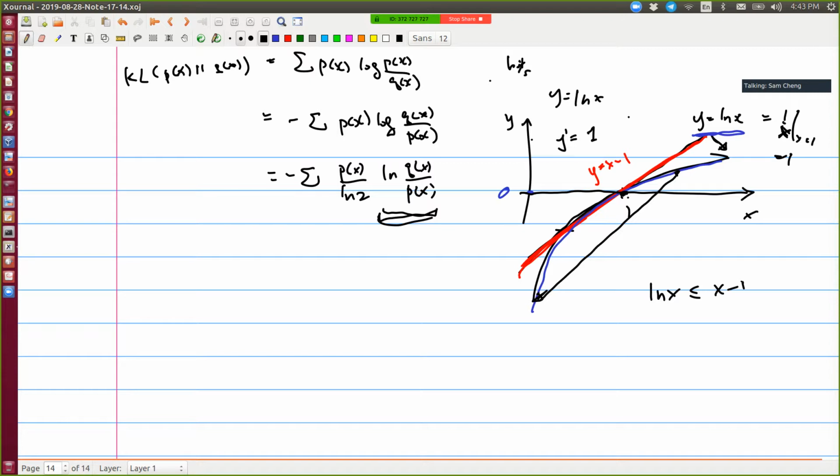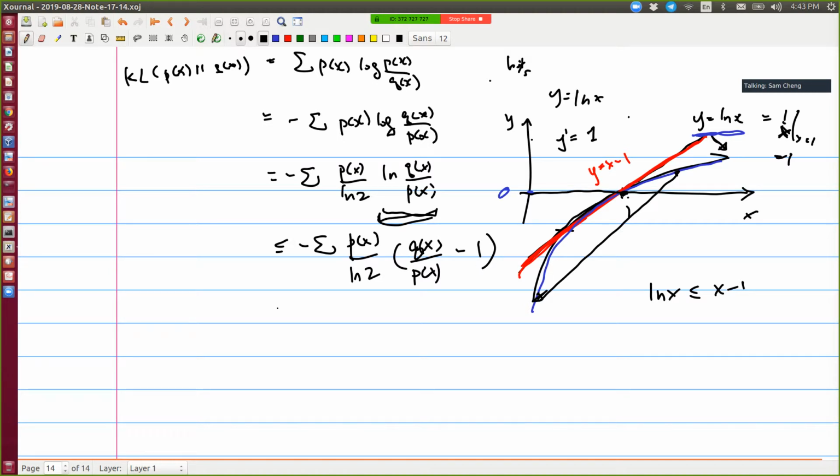Now, since log x is less than or equal to x minus 1, this is less than or equal to the sum over x of p(x) times (q(x) over p(x) minus 1) over log 2.